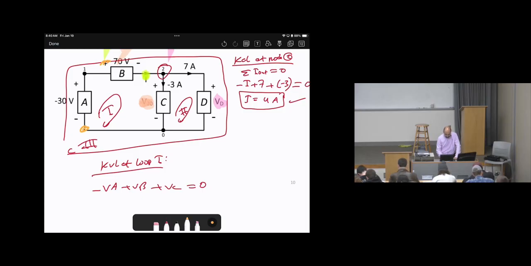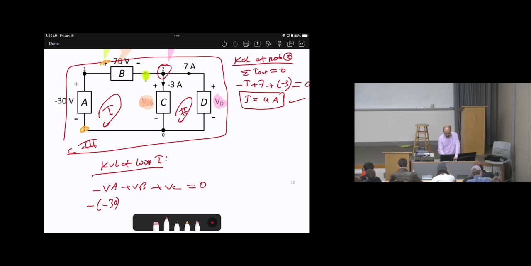Now let's substitute the values. VA is negative 3, so it's minus of negative 3. The sign itself is because of the magnitude or the value, and the sign is also because of the polarity, so two signs matter.